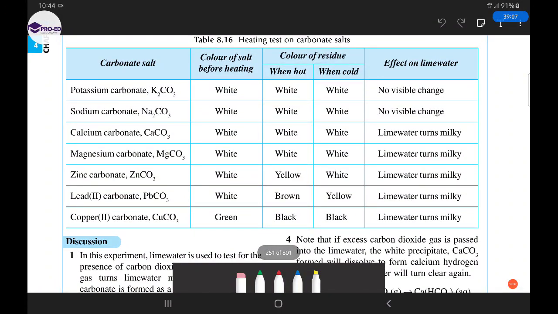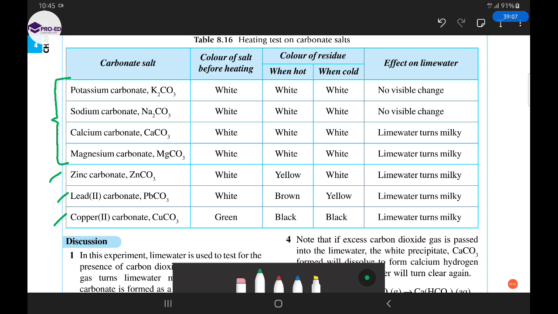Guys, look at this table here. We can deduce both the cation and anion for some of it. Most of the time I told you it really doesn't matter; you can't really do it, except in special scenarios, like when it's zinc, lead and copper, where we can actually deduce the cation present as well. Look at this. From potassium carbonate to magnesium carbonate, they are originally white salts.